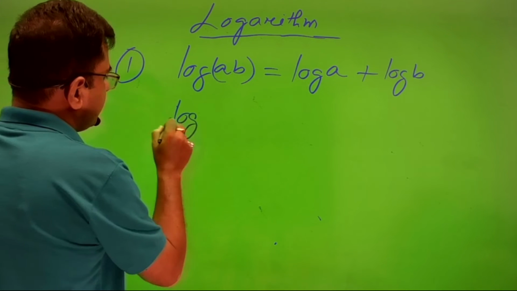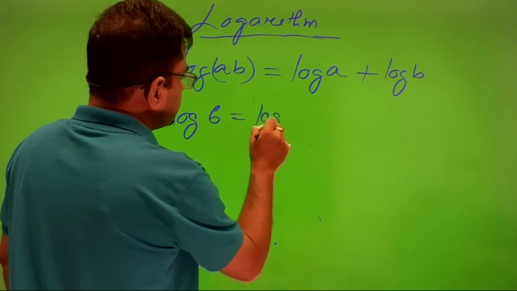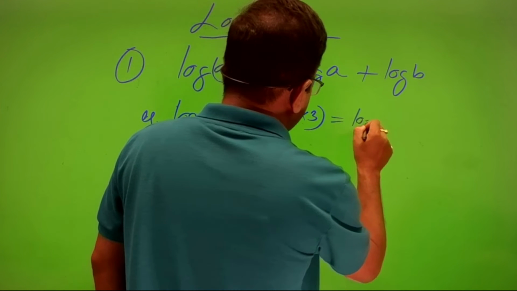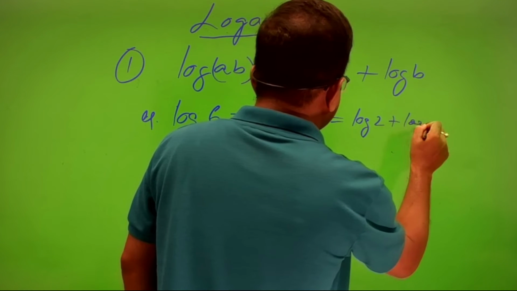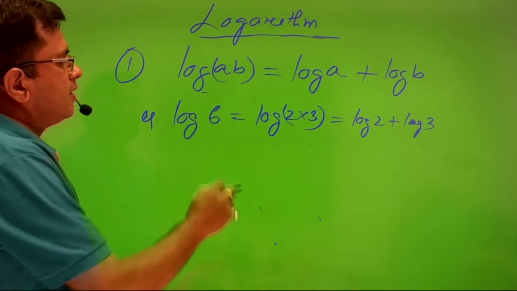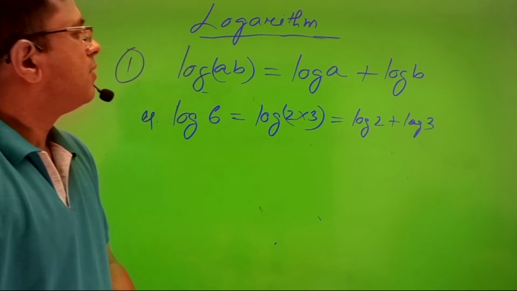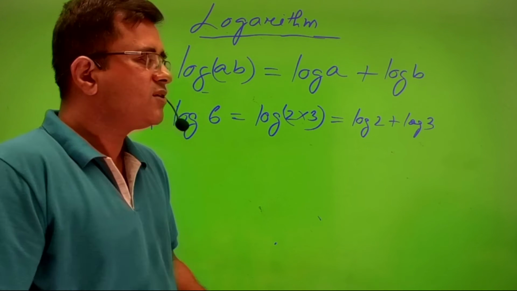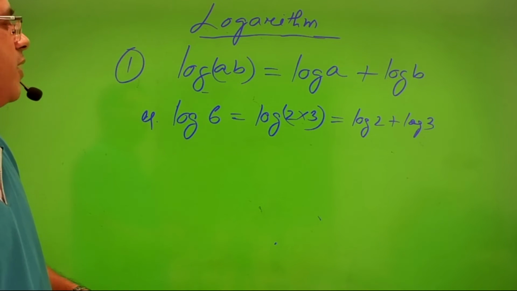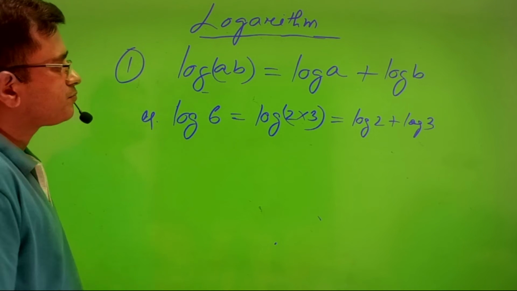We can take an example. Log of 6, we know 6 equals 2 into 3. So this is equal to log of 2 plus log of 3. Here we are not writing the base. When the base is not written, in most cases we assume the base is 10, unless it is mentioned otherwise.